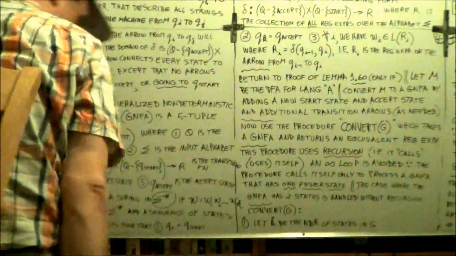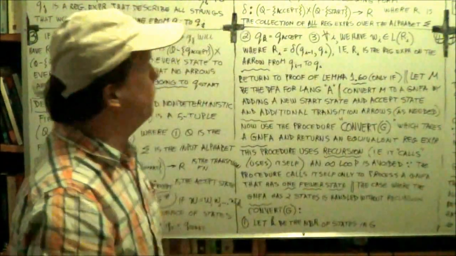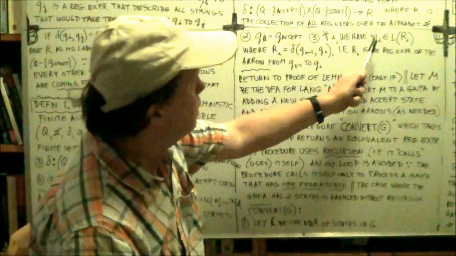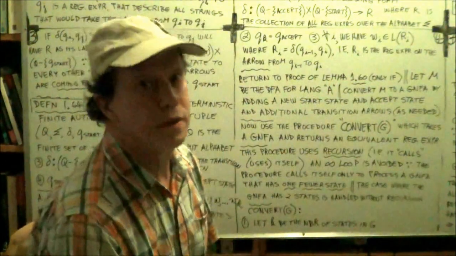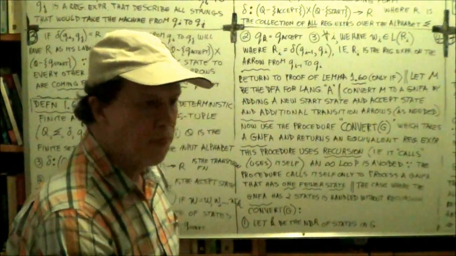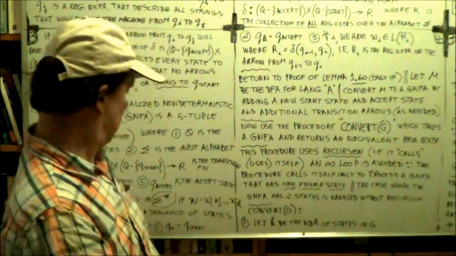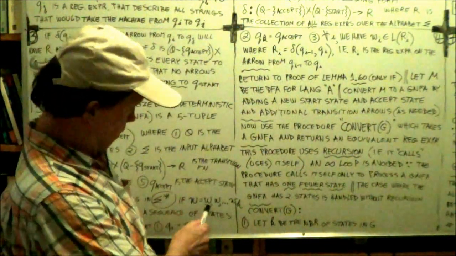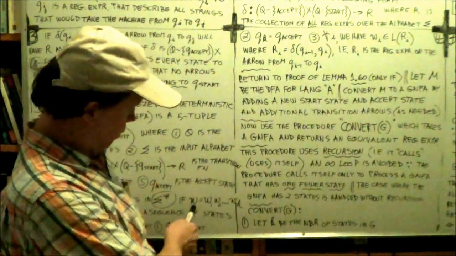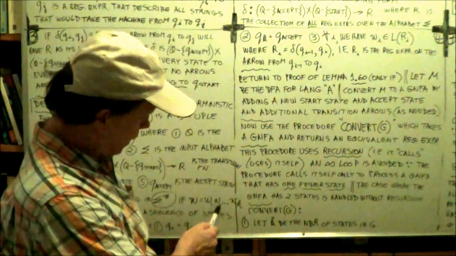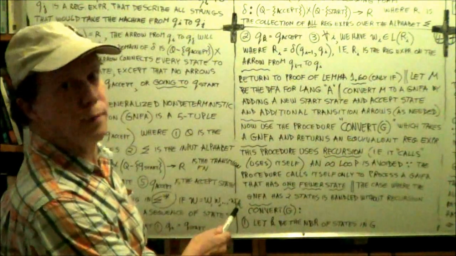This Wi here is a substring of your W, right? So think of your input string W as concatenated substrings, and you've got k of them.